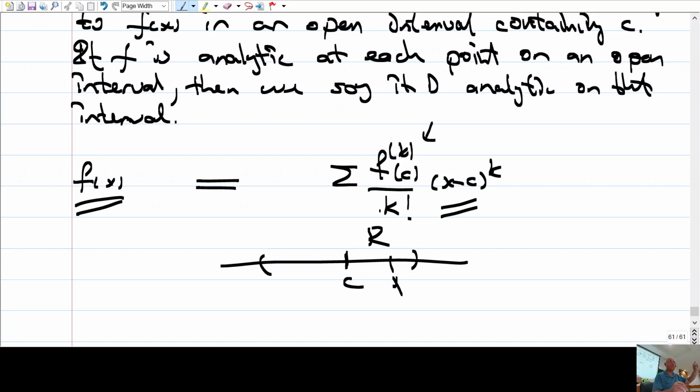The coefficients are computed at a single point, but it determines the values of the function on the whole interval. So knowing the function and all of its derivatives at a single point enables you to determine the function on the whole interval.